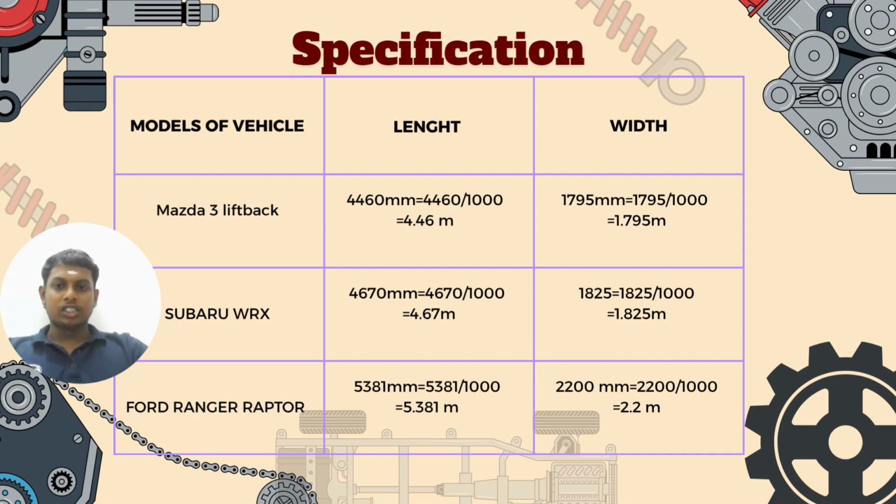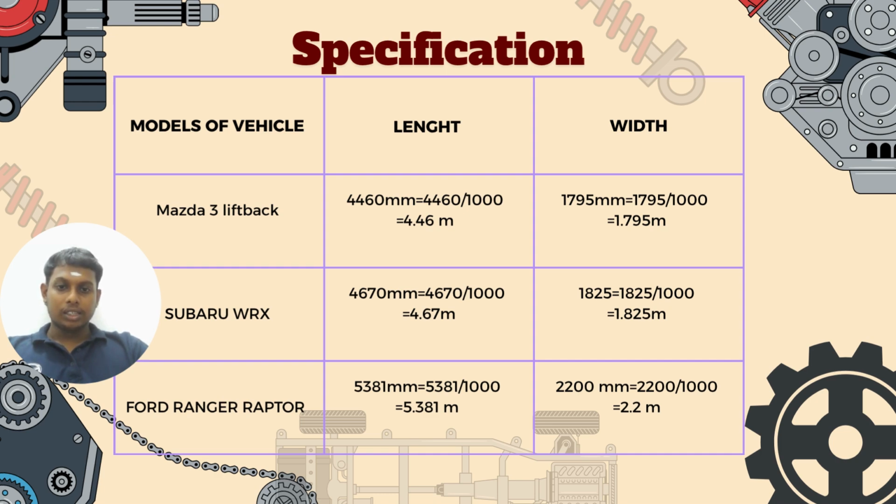This is the specification table. First, the model of vehicles. The first model is the Mazda 3 liftback. The length is 4.49 m, and the width is 1.795 m. The second model is the Subaru WRX.